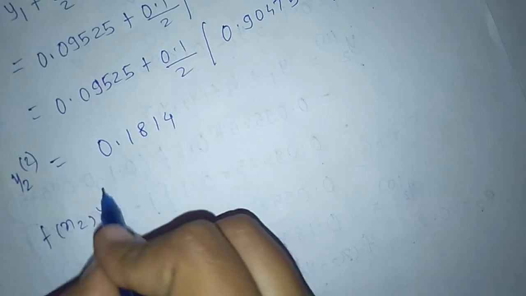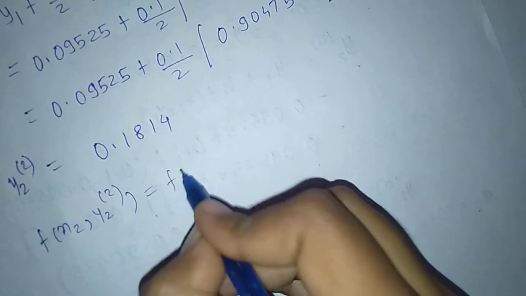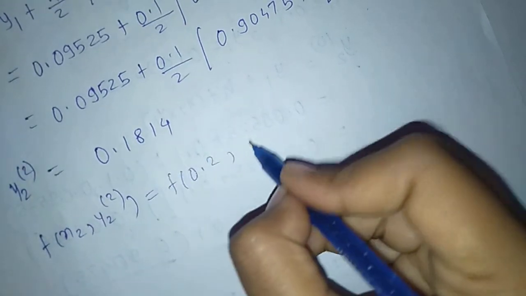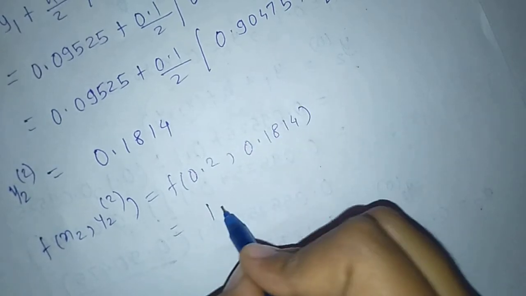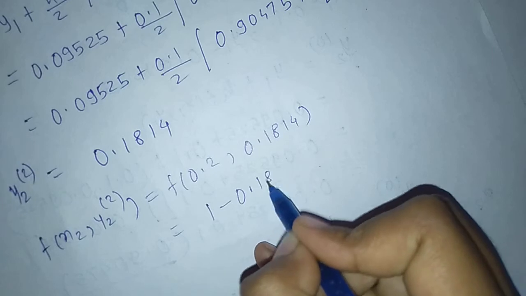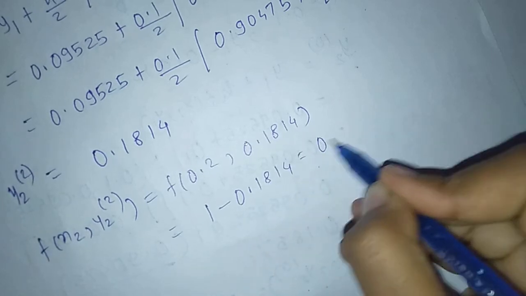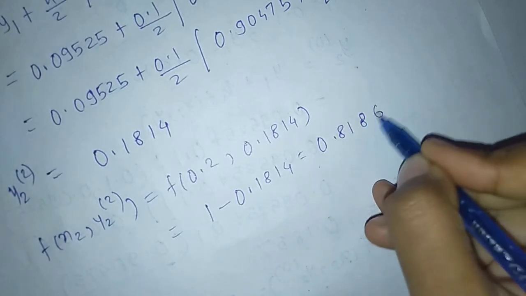Now find f of x2, y2 raised to 2, equal to f of x2 is 0.2, y2 raised to 2 is 0.1814, equal to 1 minus 0.1814, equal to 0.8186.